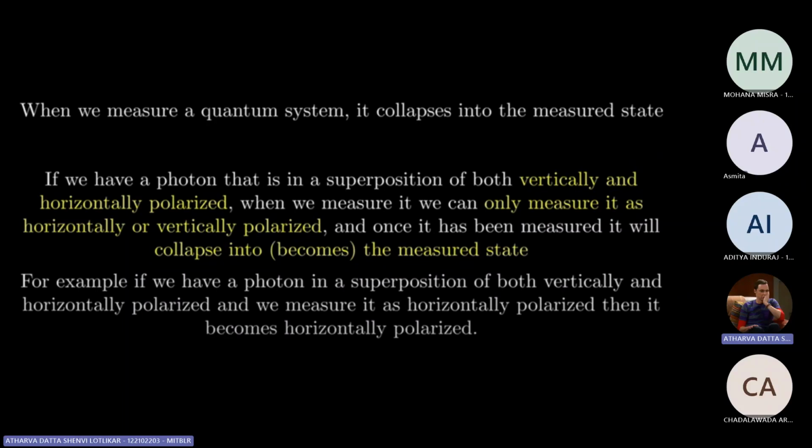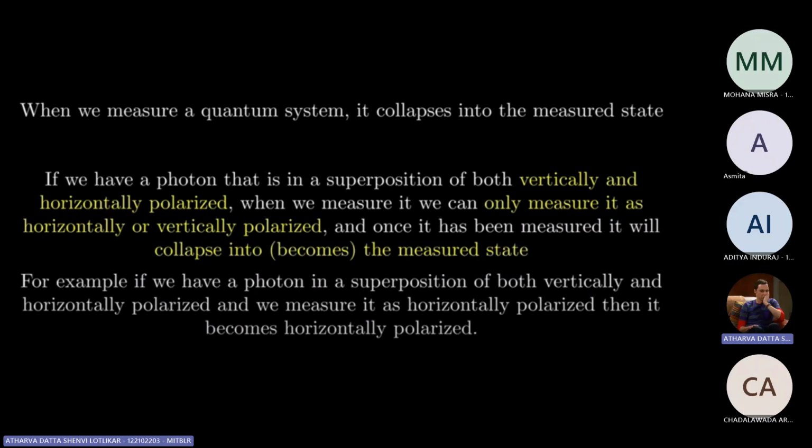If we take a photon, for example, which is both vertically and horizontally polarized, and we choose to measure only the vertical one, there is no horizontal polarization because we've already chosen to measure the vertical polarization. So it collapses into that particular polarized state.